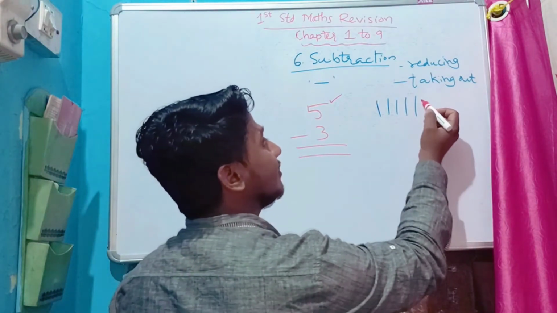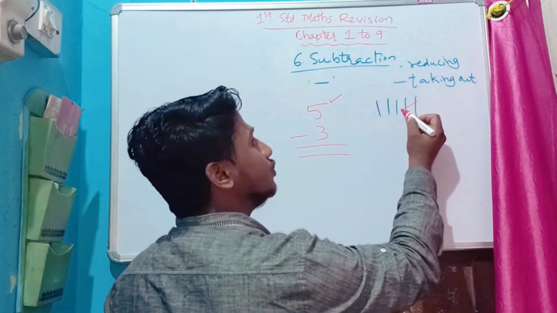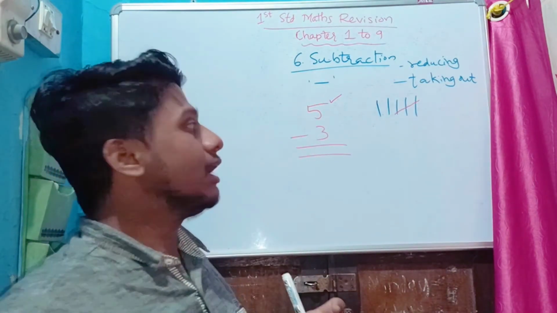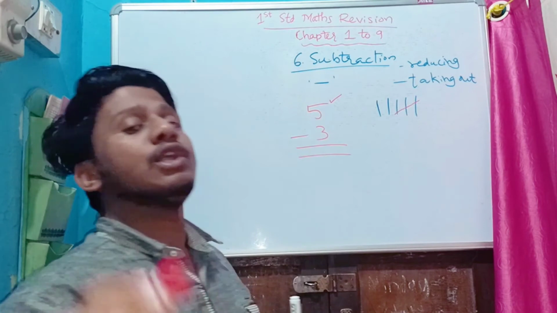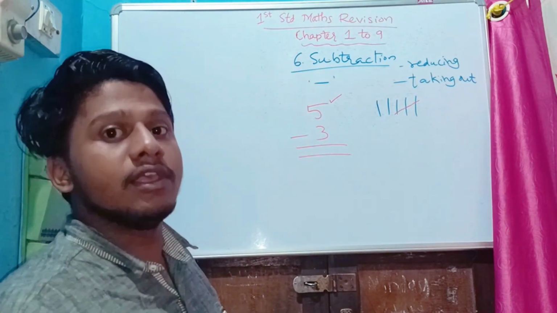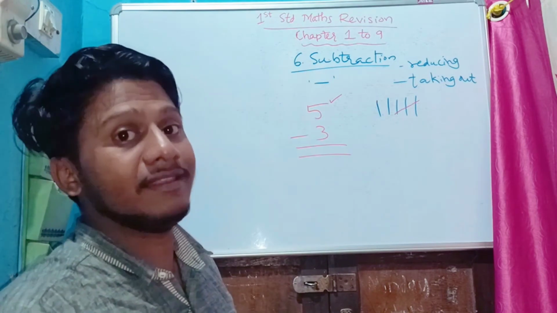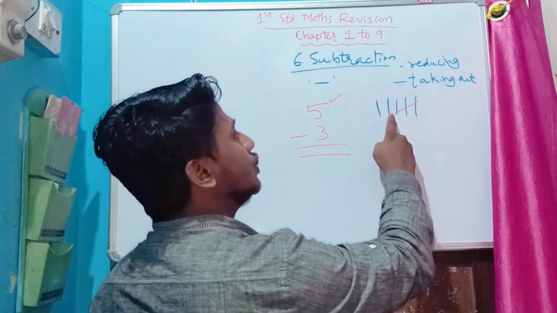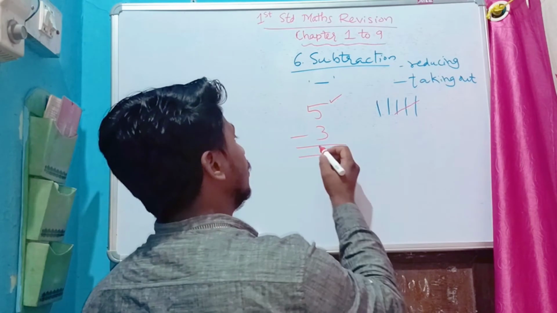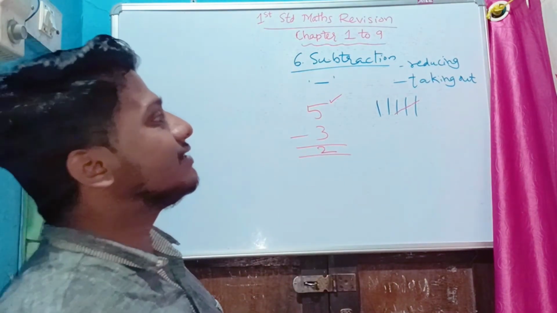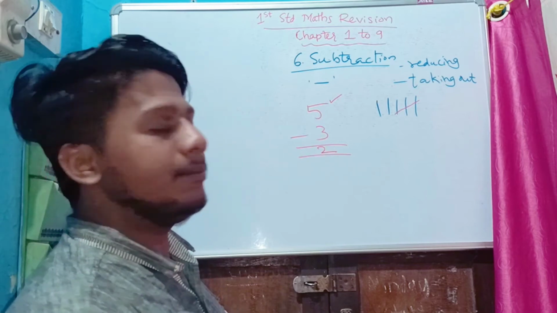So you have to cancel 3 lines. 1, 2, 3. Now you cannot consider them. Okay? The lines which you have cancelled, you cannot count them. So the lines without the scratch, how many lines are there? 1, 2. So 2 will be the answer.